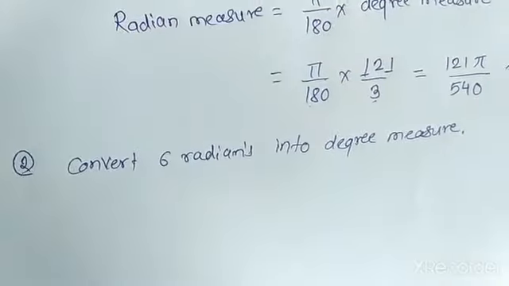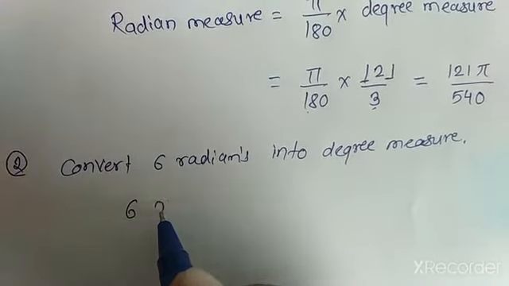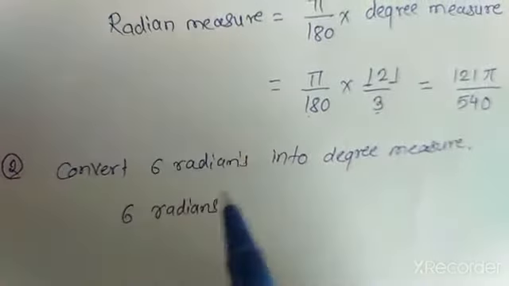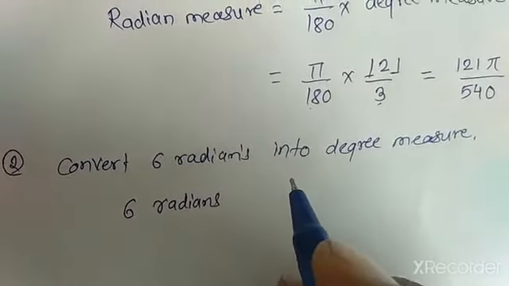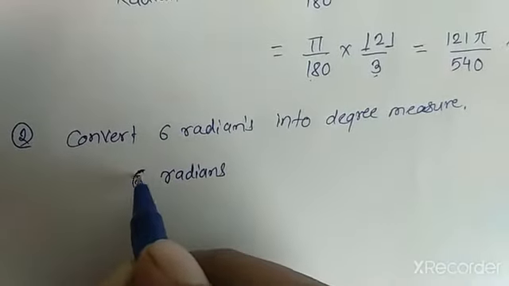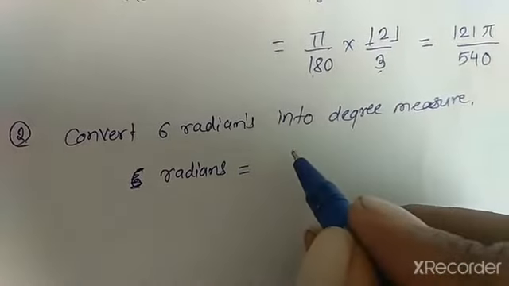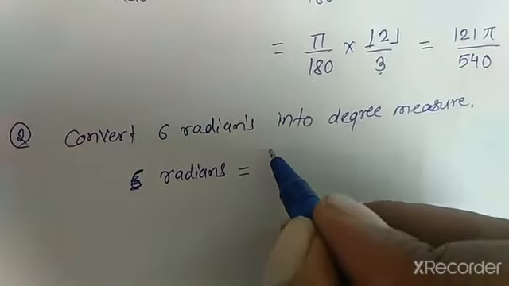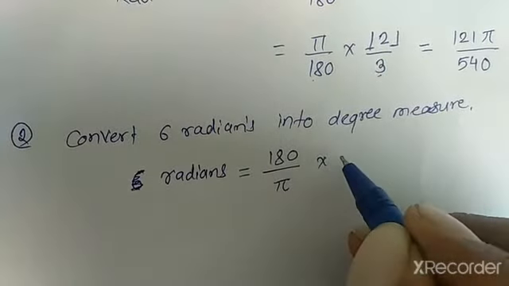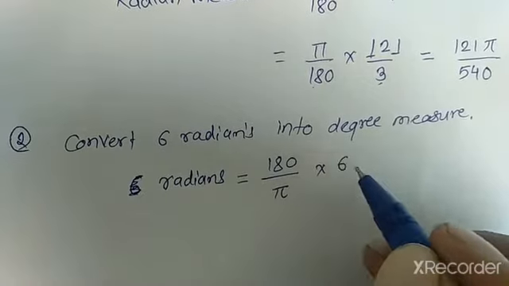So here we have a radian measure, and we have a formula.